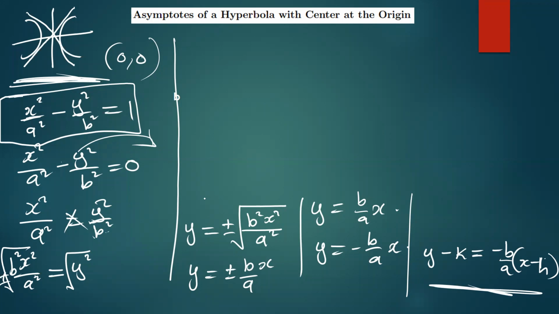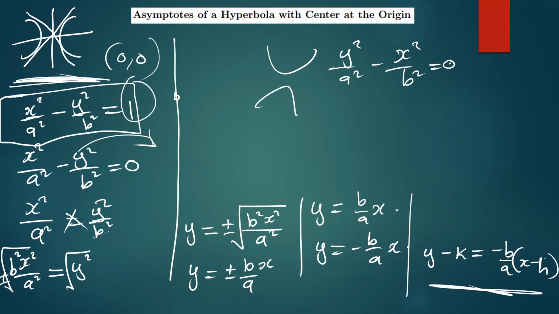Now you do the same procedure if you have the curves facing up and down, because for these the equation is y squared over a squared minus x squared over b squared is equal to 1. While there is 1 here, you just replace it with 0. When you do the cross multiplication, you find that y squared over a squared is equal to x squared over b squared.